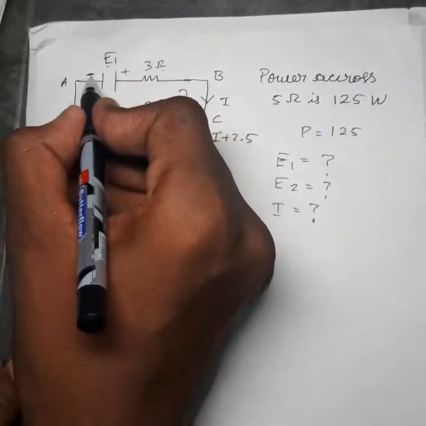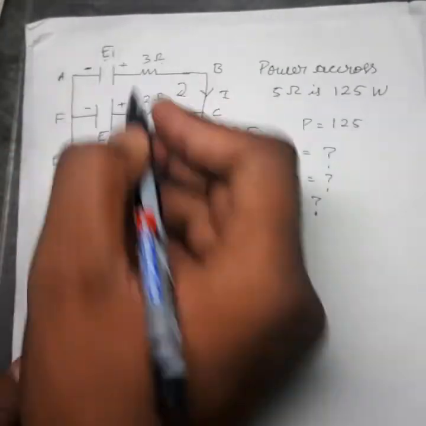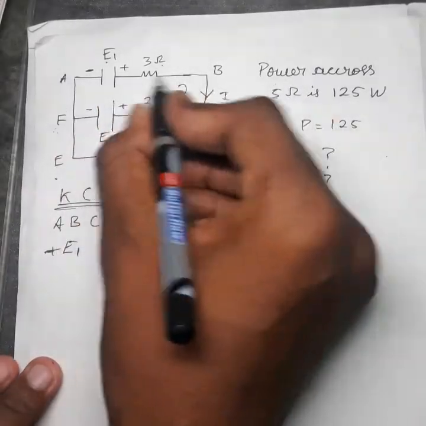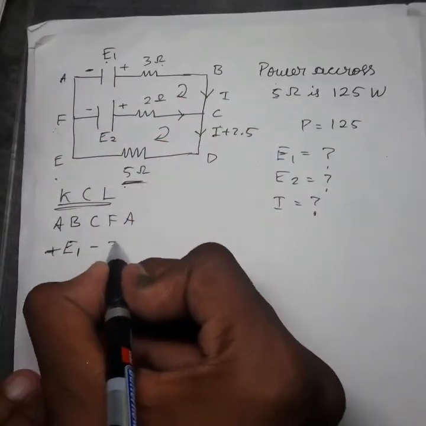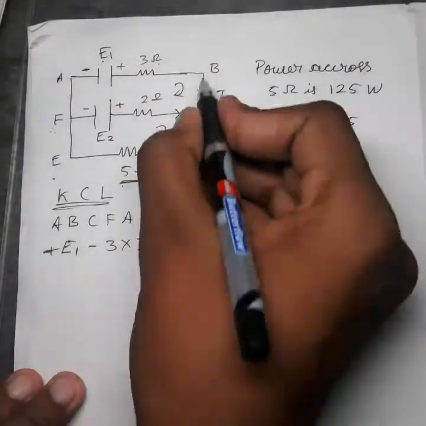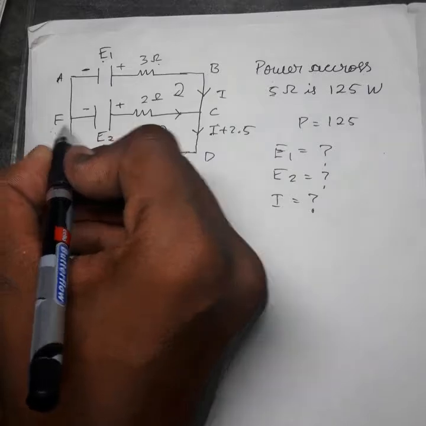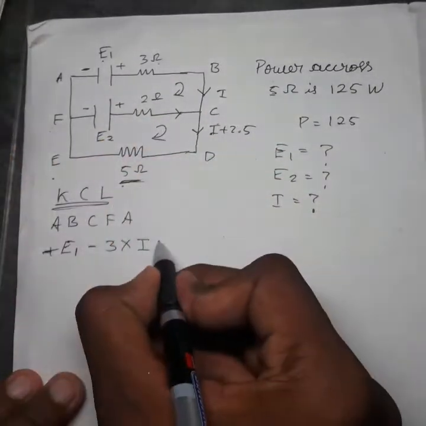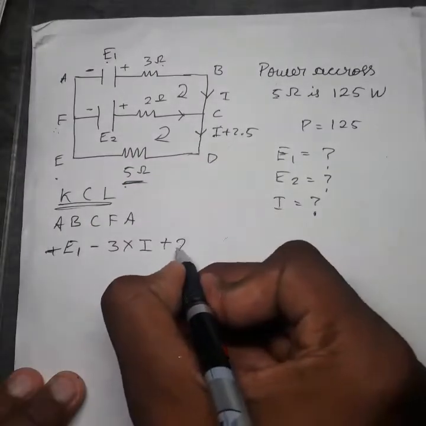From A to B, it is from negative to positive, hence we take it as plus E1, and it is in the direction of the current, that is minus 3 ohms into the current I. And from C to F, it is opposite to the flow of the current, hence we take it as plus 2 times.